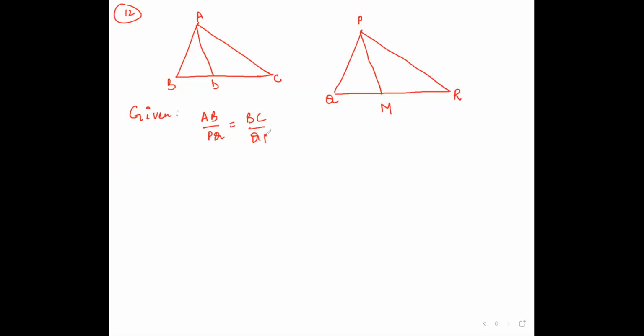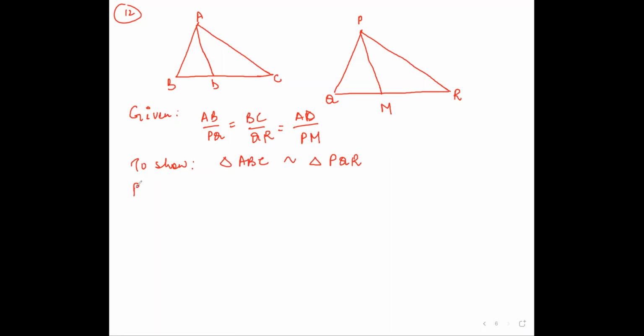Just a minute, let me read the question. Sides AB and BC and median AD of a triangle, okay, AD is PM, median of a triangle are respectively proportional. Fine. Show that triangle ABC is similar to triangle PQR. The full triangle you have to show to be similar.